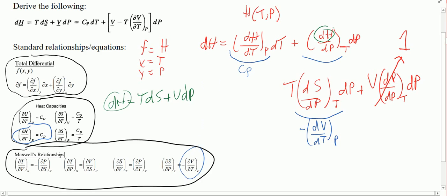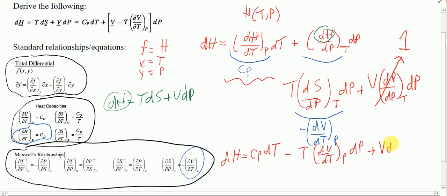Let me rewrite all of this: dH is equal to Cp dT from above, plus negative T (dV/dT) at constant P dP plus VdP.